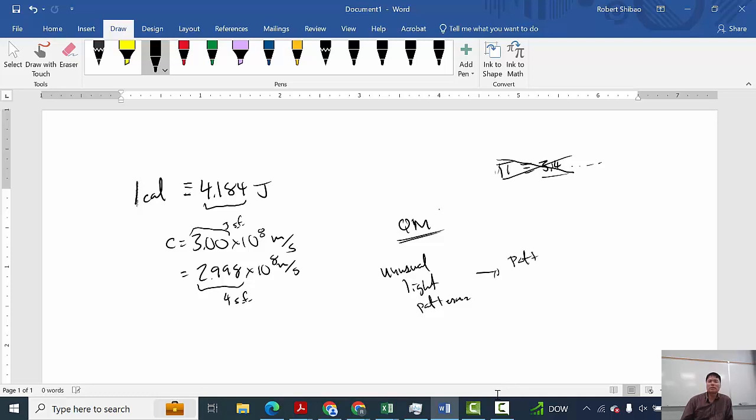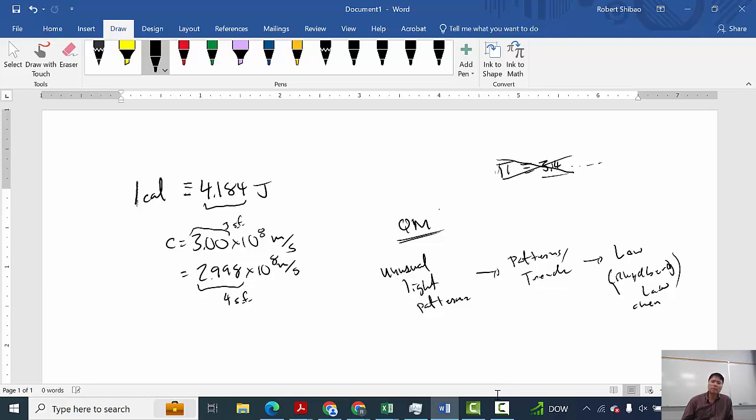And so what I was trying to do is just fit this into the typical way we do the scientific method. So we have unusual light patterns, and then what we look for are patterns and trends. But the patterns and trends we try to fit mathematically. And then we come up with a law. The law that they came up with is called the Rydberg law.